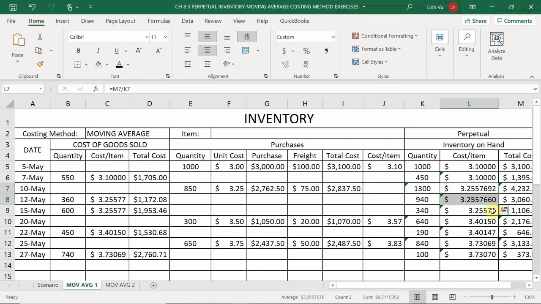So that extra penny you're trying to distribute, instead of dividing by 10, you're dividing by 20. Is that the same number? No. So that's why the average cost per item is very important to keep in mind, because this number can change at any given time. Okay?